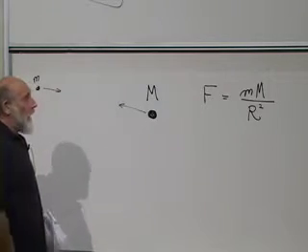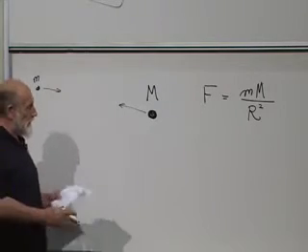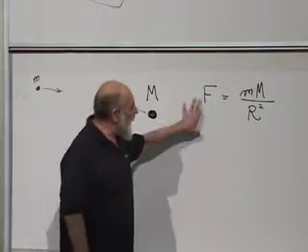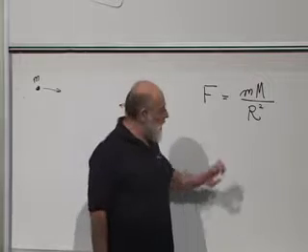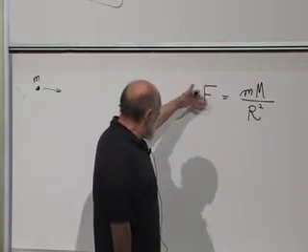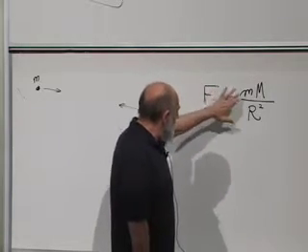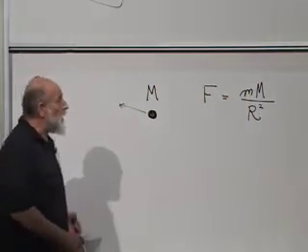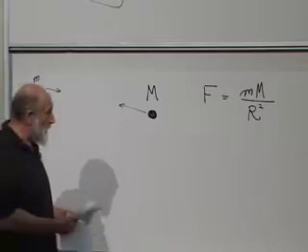Right? And there's a numerical constant. This law by itself could not possibly be right. It's not dimensionally consistent. If you work out the dimensions of force, mass, and r, it's not dimensionally consistent. There has to be a numerical constant in there.